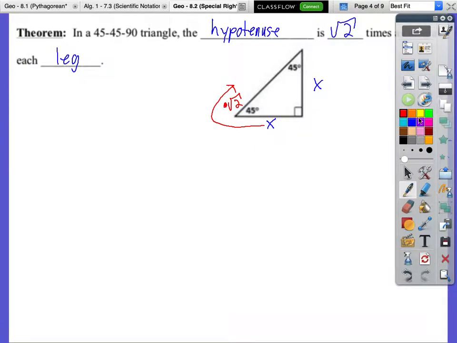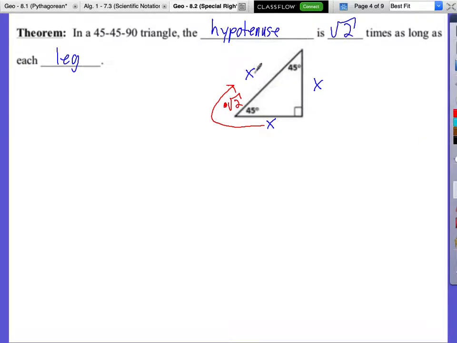And what would x times the square root of 2 be? x square root of 2. Just like how we had 7 square root of 2, 6 square root of 2, 12 square root of 2, x, and then this would be x square root of 2. We multiply whatever the leg is by the square root of 2.